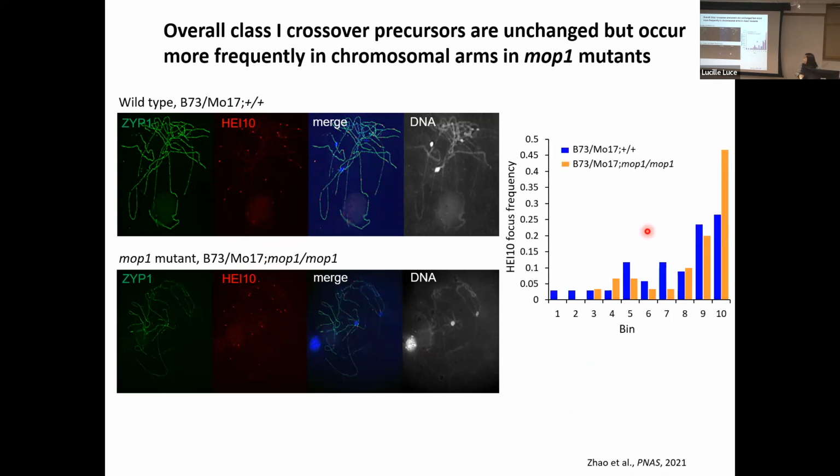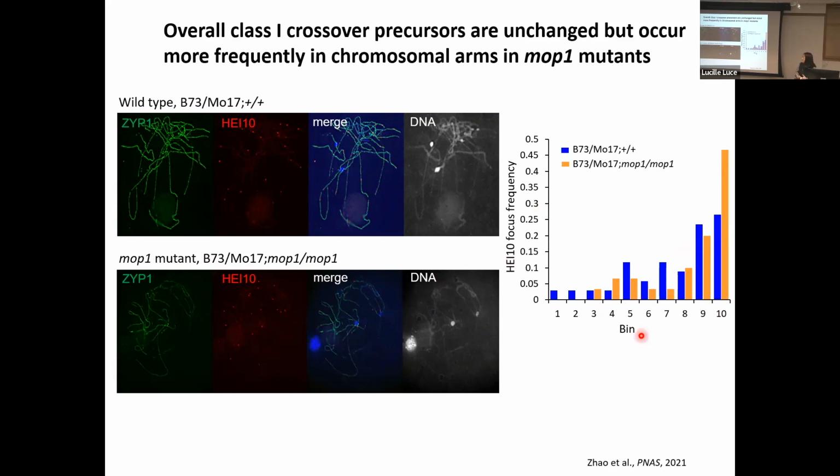And also later on we traced one chromosome, chromosome 6. We divided chromosome 6 into 10 equal bins, and then counted HEI10 foci across many different meiocytes. You can see in bin 10, in the mutant, the HEI10 foci is largely increased, right?